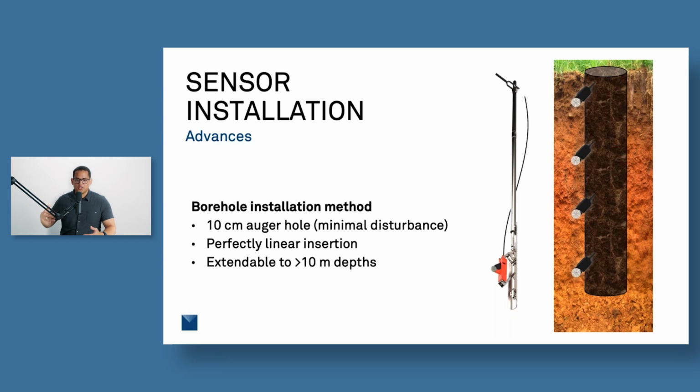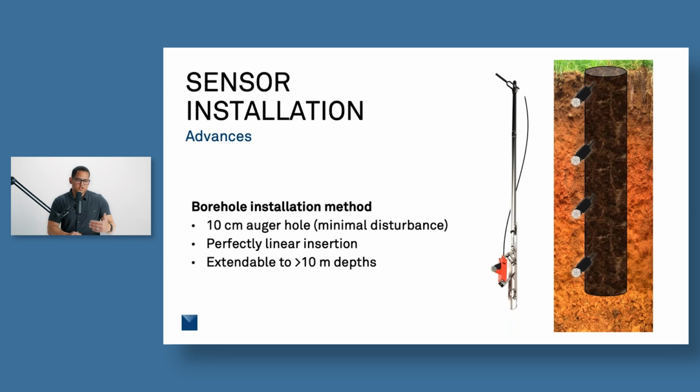What's cool with this is we can install sensors in a profile, and we can also co-locate water content and water potential sensors so we can get both measurements near each other directly in that same borehole, really allowing us to get good in-tandem measurements. I'll show an example of how we use some of that to make other inferences of what's happening in the soil.